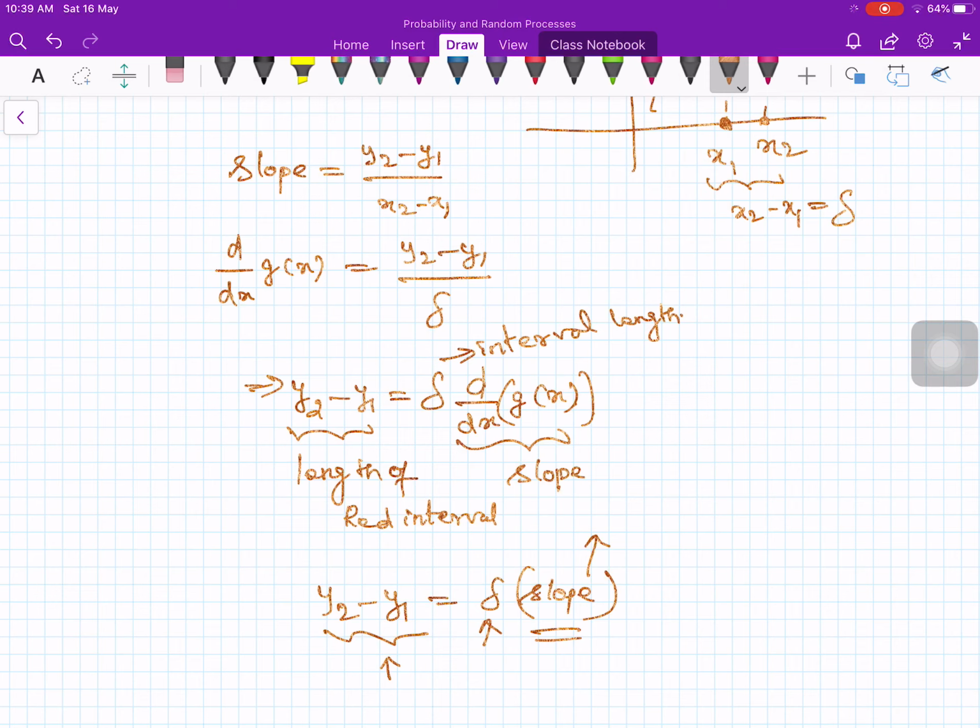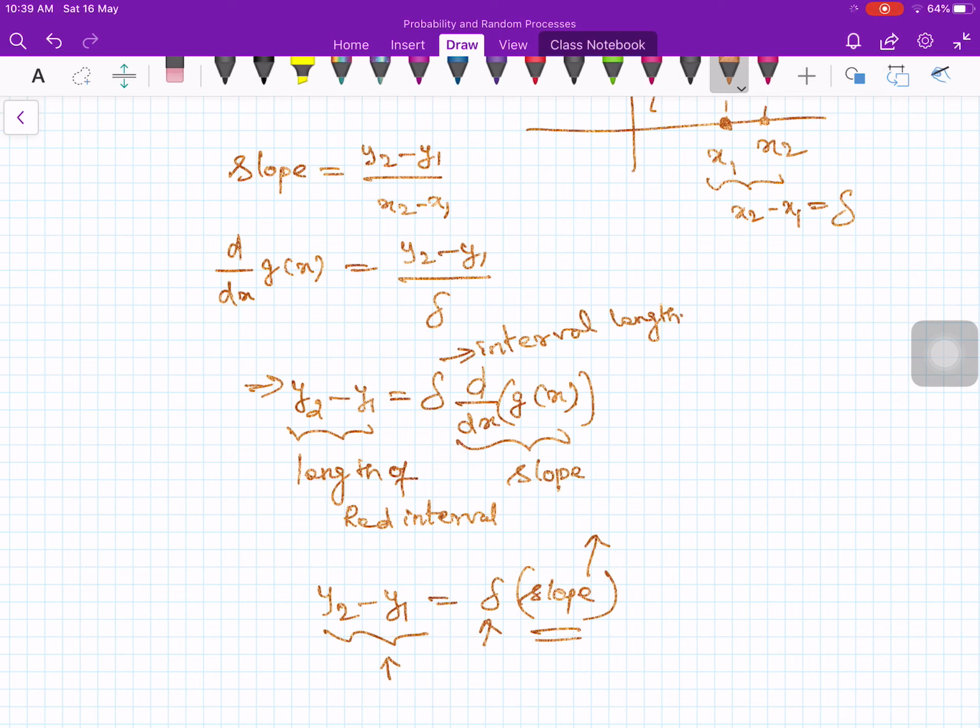Let me call this equation number 1. Equation 1 gives us a relation between the density of x evaluated at this point and the density of y evaluated at this point. So the two densities are closely related.